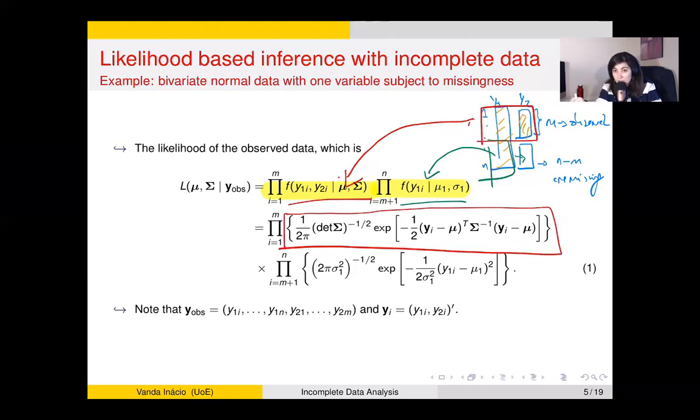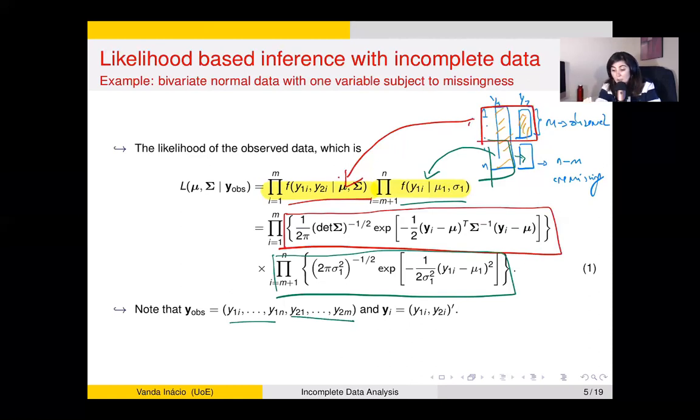So this is just the density of a univariate normal distribution with mean mu1 and variance sigma 1 squared, and that's what I have here in this green part. And so y observed here is all the observations from y1, from 1 up to n, and the first m observations from y2.